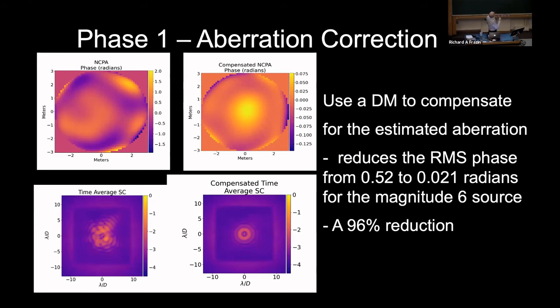And so the residual aberration is shown here in the upper right, and you can see it's much smaller. In fact, it's a 96% reduction in the RMS. And then you see the coronagraph image on the lower right is getting pretty close to the perfect Airy pattern. And we did that with only 1 minute of simulated data.